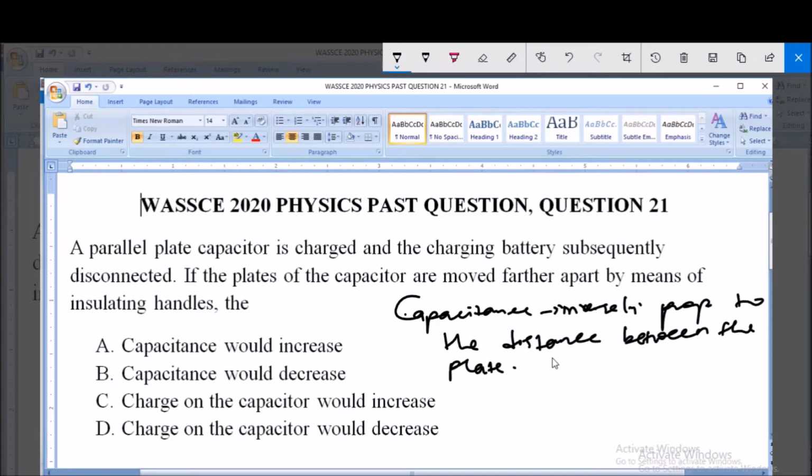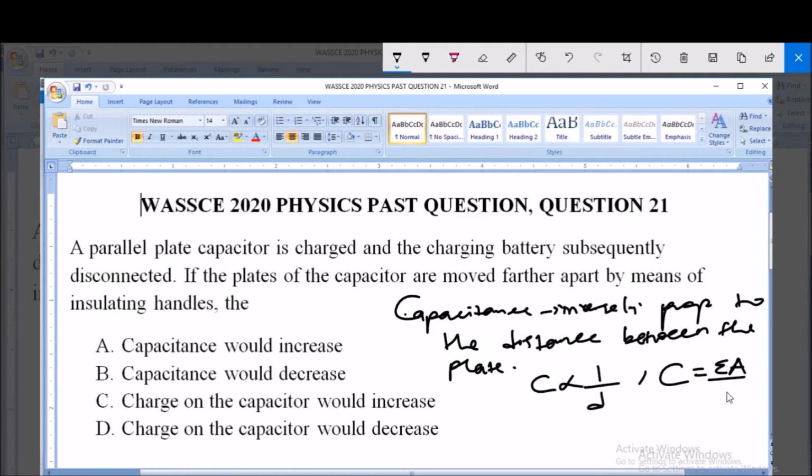That is to say that the capacitance C is inversely proportional to the distance between the plates, and this is derived from the formula C equals permittivity of free space multiplied by the area all over the distance.